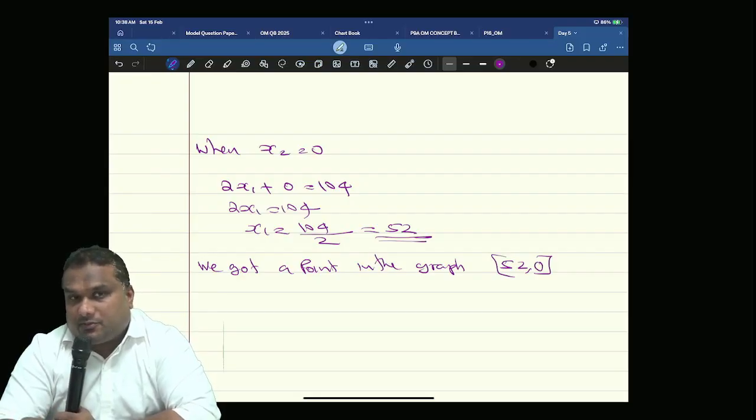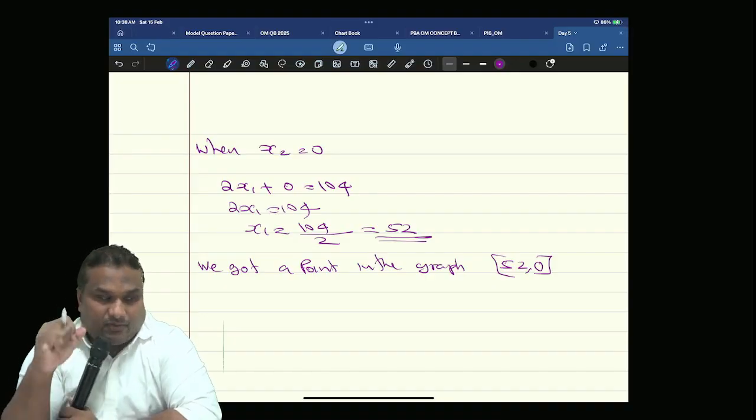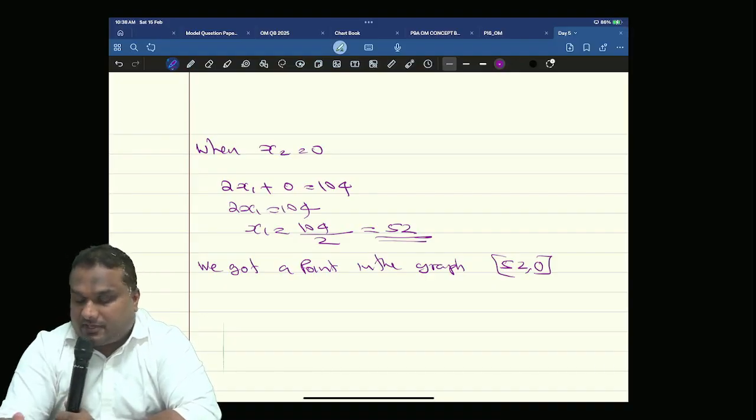The x1 value we will always mention first. Understood everybody? So it is 52 comma 0. Deal or no deal? Happy or unhappy? Very good.